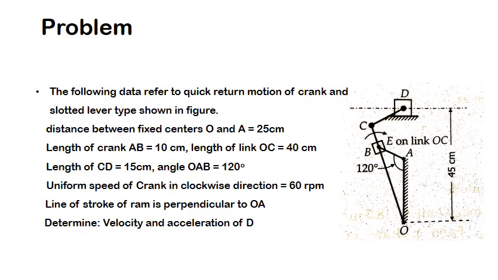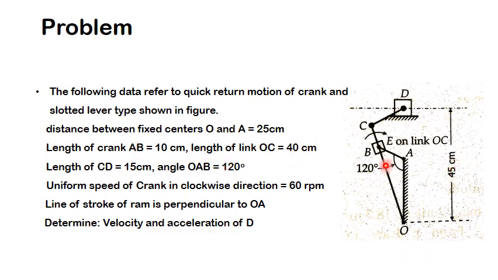Now let us solve one problem related to Coriolis component of acceleration. This is the problem statement, which is a quick return motion mechanism of crank slotted type. This is the crank slotted lever mechanism where OA is fixed and its length is given as 25 centimeter. AB is of length 10 centimeter, and there is a slider here, and OC length is given as 40 centimeter.